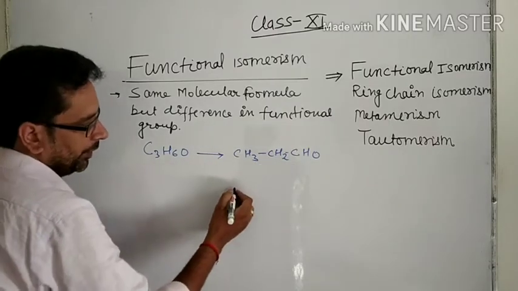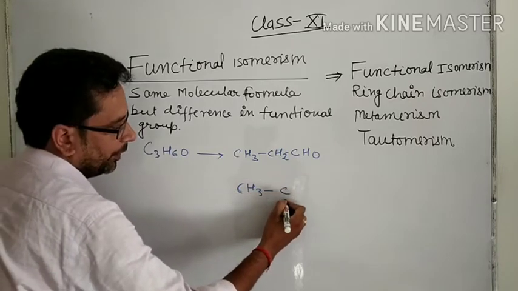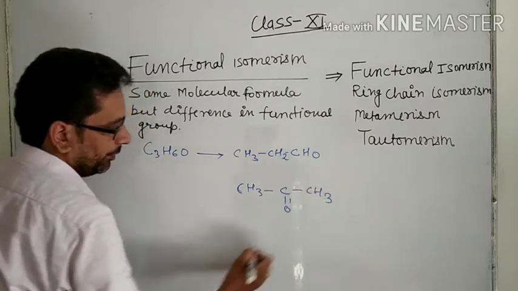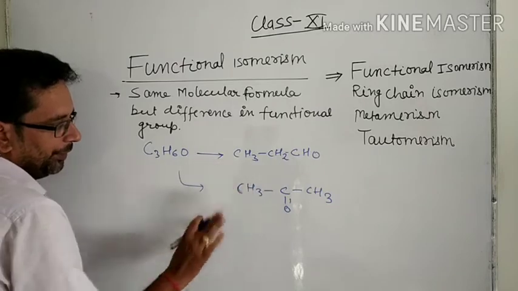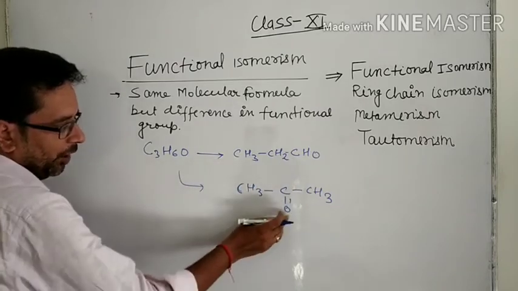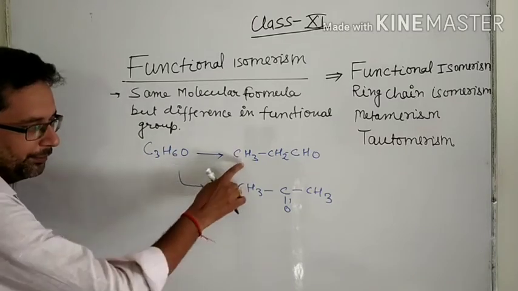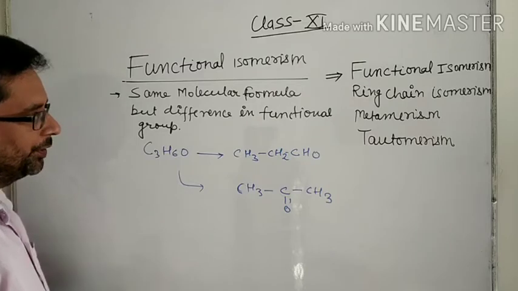Now the second structure is CH3 C double bond O CH3. Carbon 3, hydrogen 3 plus 3 is 6, oxygen 1. Same molecular formula but different functional group, known as functional isomerism.